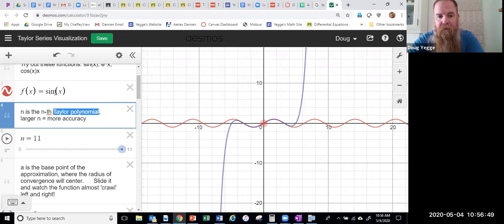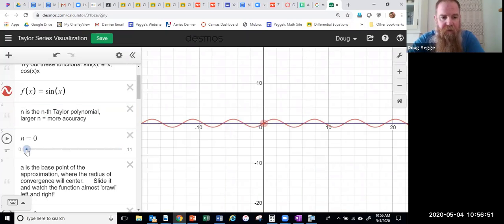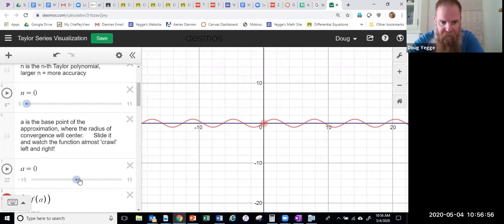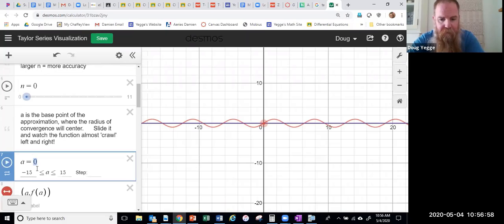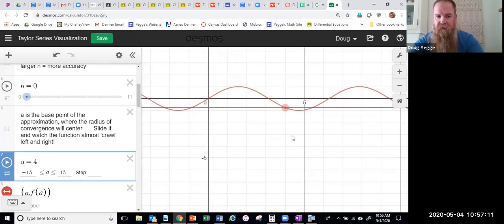Okay, so why don't we go ahead and change this now by changing the starting point. Let's say that we were to center this instead at 3, or 4. Notice that the only difference here is that the centering point changed.